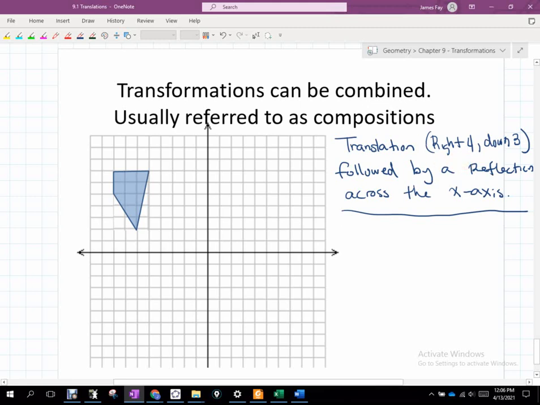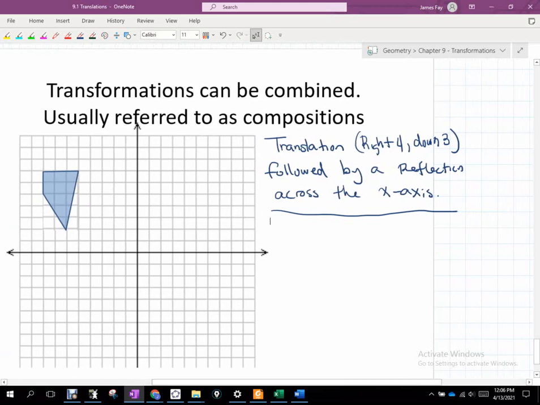Okay. The way that this would actually be written in math notation is that you're going to say there's going to be an R, and that stands for reflection. They'll say x-axis, so I'll just write the line y equals 0 here. And then they'll put an open dot, and then they'll put capital T for translation.